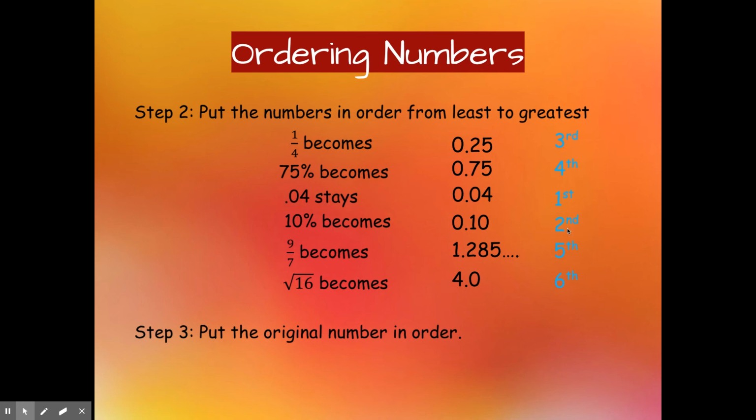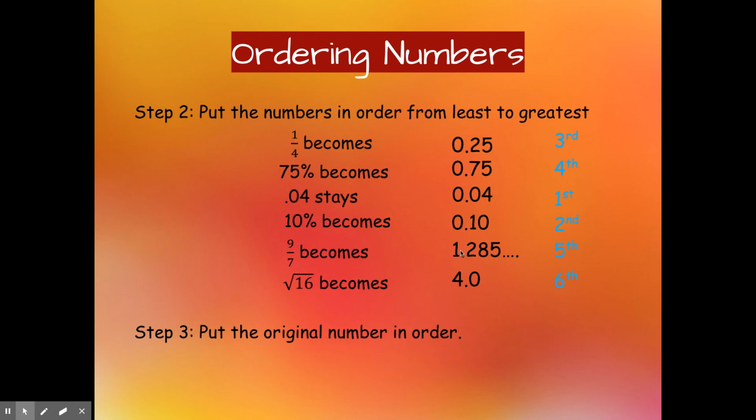My second number was this 0.10 or 0.1. Well, my original number is this 10%. My third number was 0.25, but the original number was 1/4. My fourth number was 0.75, which was originally 75%.